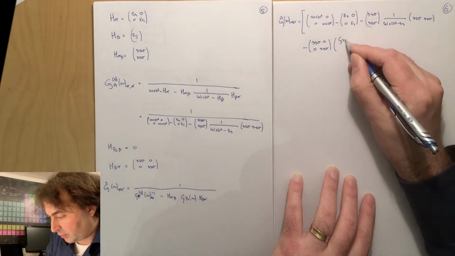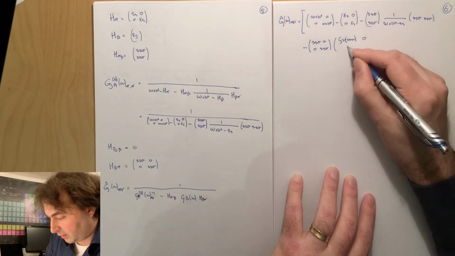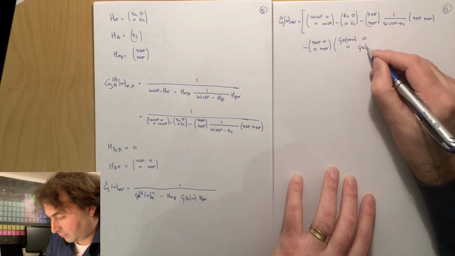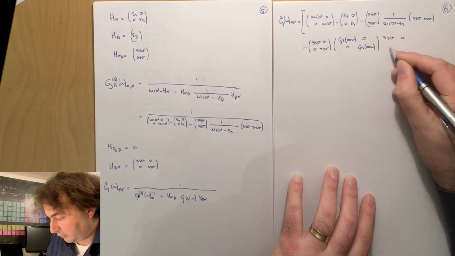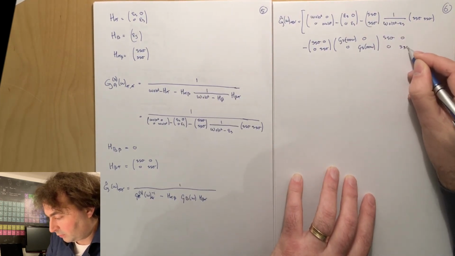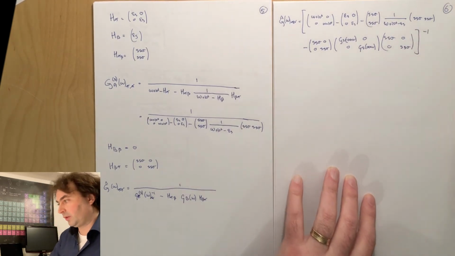And the Green's functions for those are the Green's functions of semi-infinite chains. And of course you have to hop back from the chain to your finite length chain. And everything inverted.